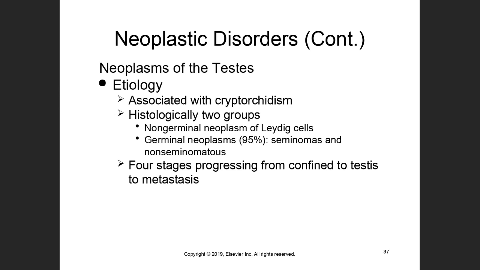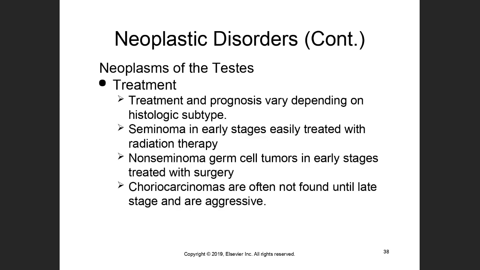There is a 4-stage progression like any other cancer. Treatment and prognosis vary depending on histology subtype. Seminomas in early stage are easily treated with radiation therapy. Non-seminoma germ cell tumors in early stage are treated with surgery.